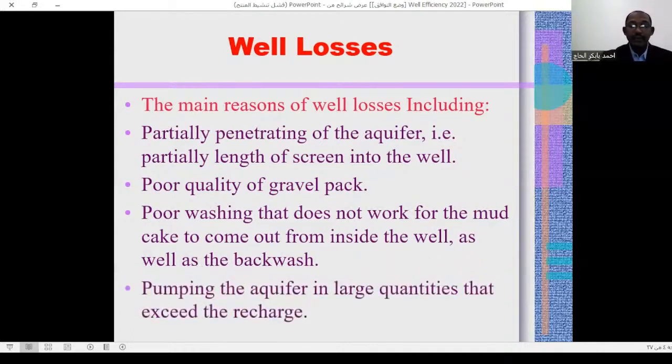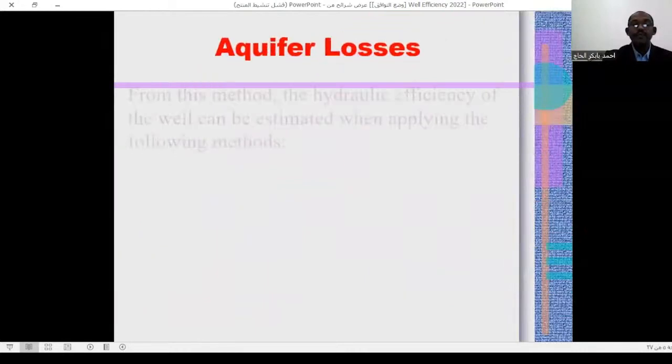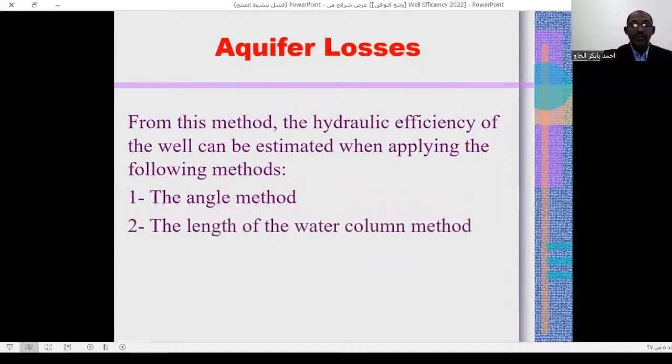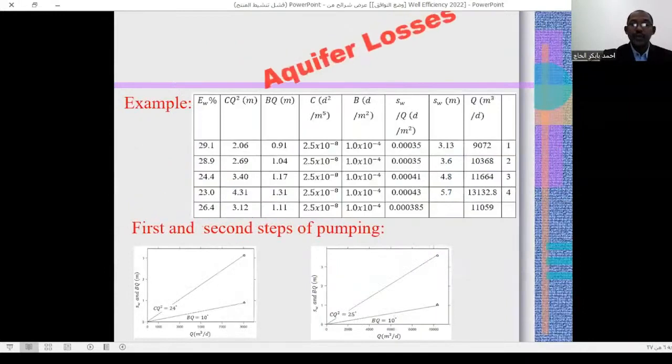Lastly, pumping the aquifer in large quantity that exceeds the recharge. That means discharge more than the recharge. From these methods, the hydraulic efficiency of the well can be estimated by applying the following methods. One of these is the angle method, and the second is called the length of the water column method.